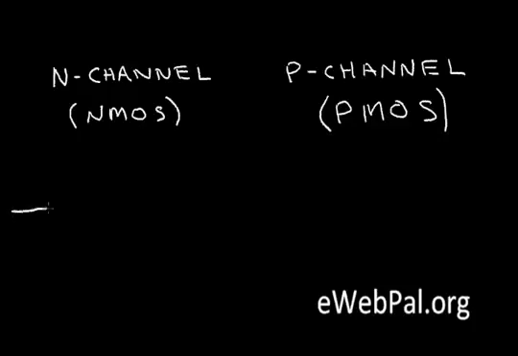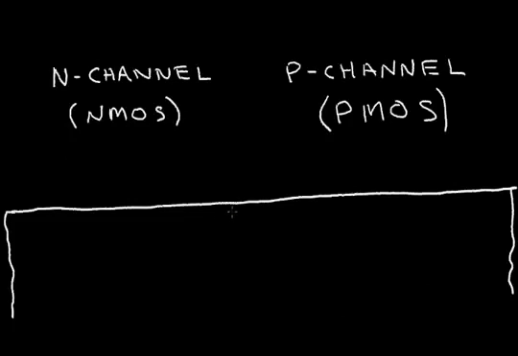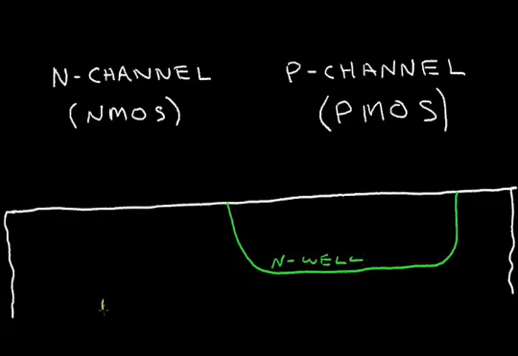If I have the surface of a silicon wafer, where this is the thickness of the wafer, and I diffuse in a very deep N region, which is called an N well. And let's say that the wafer is P-type material.